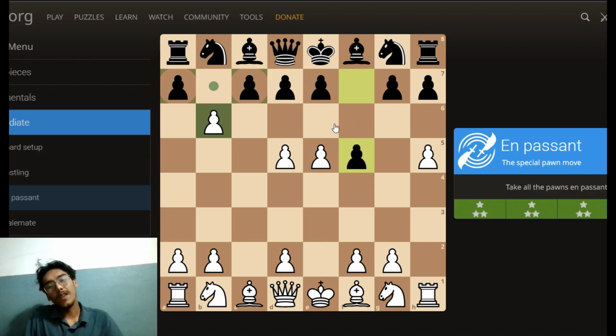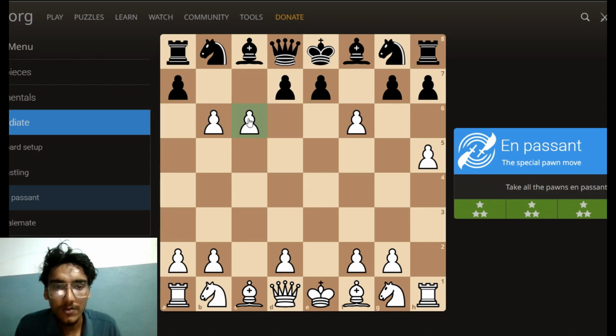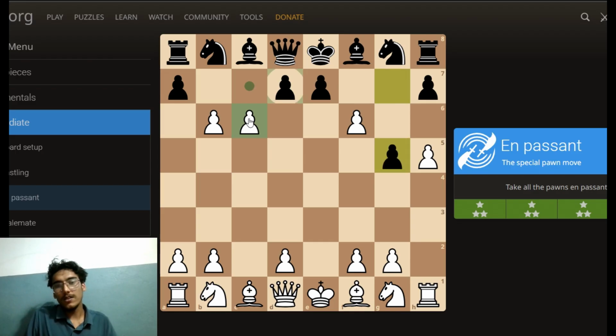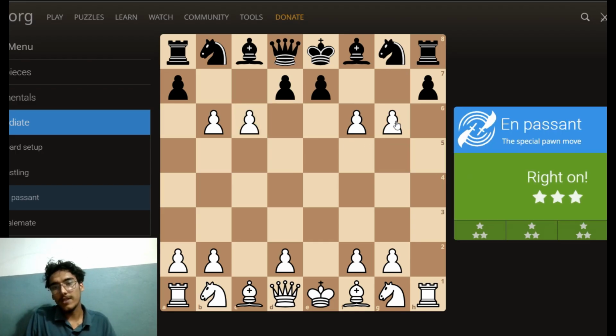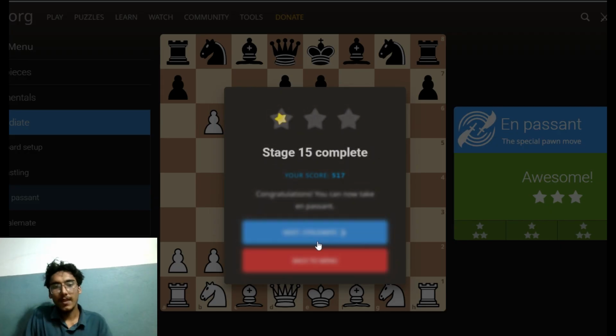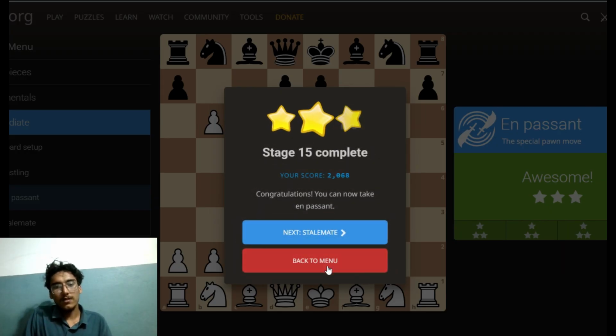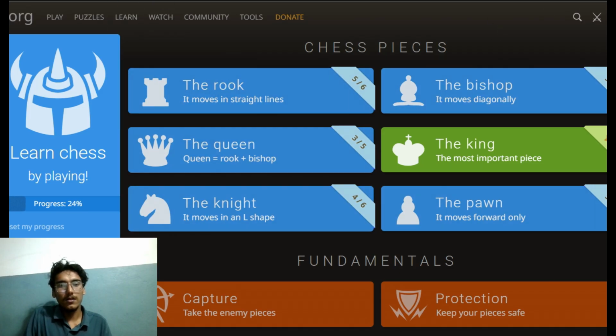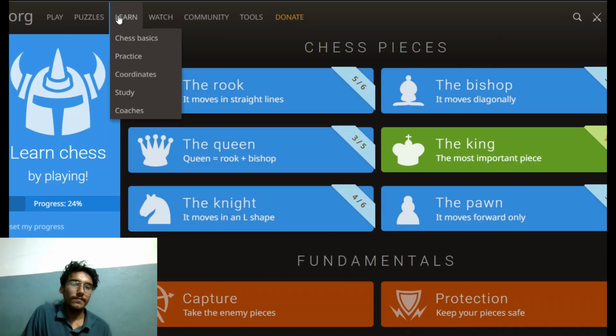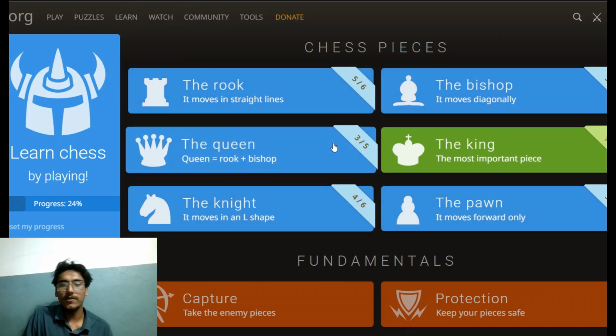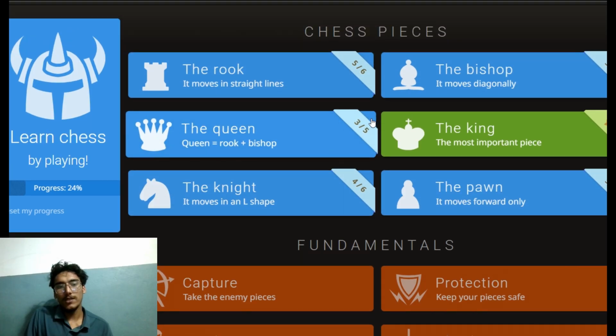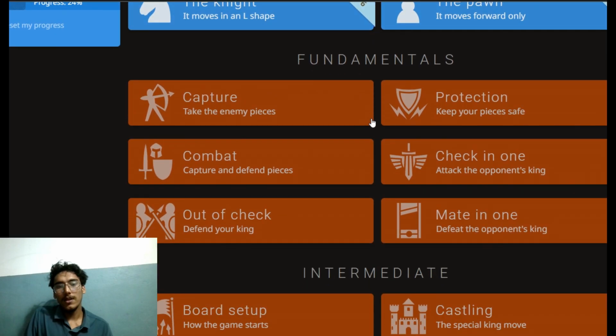It's not cheating, it's a special rule called en passant. Look at this, en passant. Now we'll learn another special rule which is called castling.